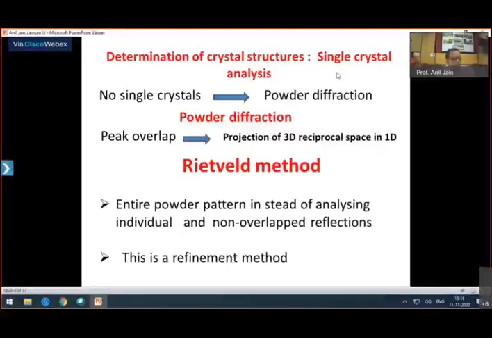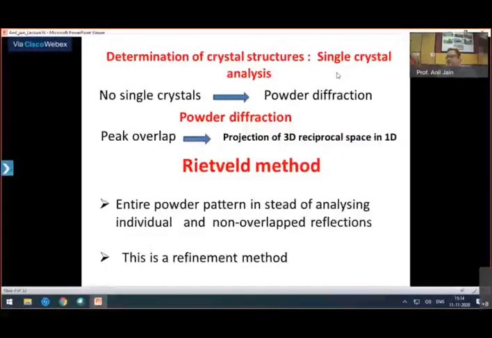The alternative to this, of course, not for the determination of crystal structure, but what people do, and most of you do, is prepare a powder sample. And then most of you routinely carry out powder diffraction experiments.